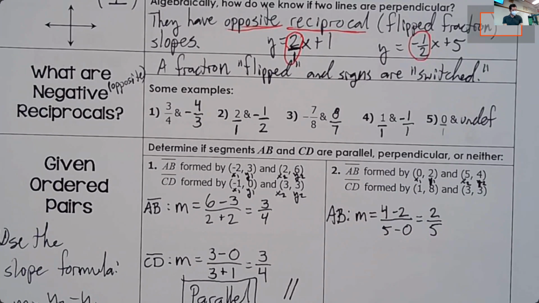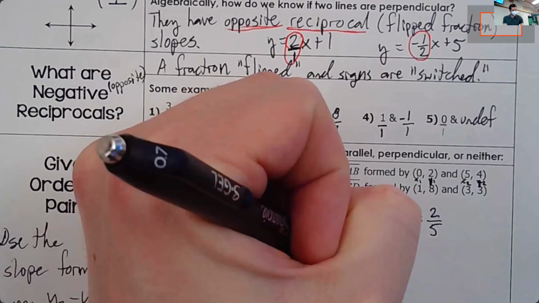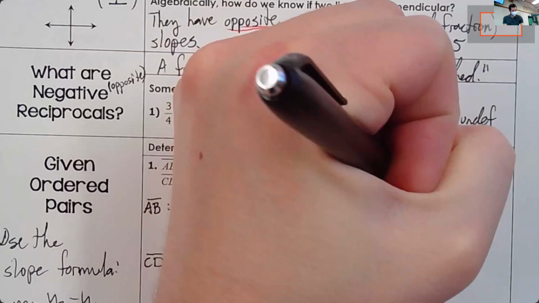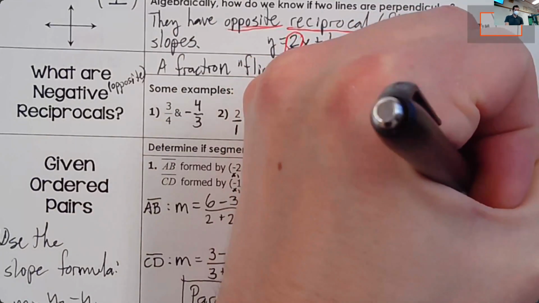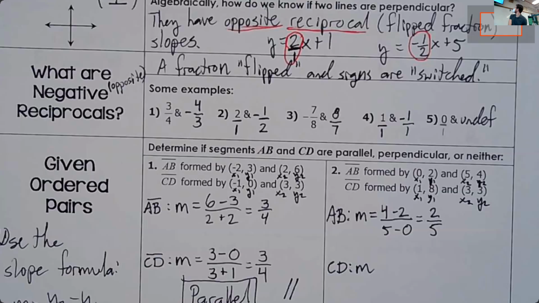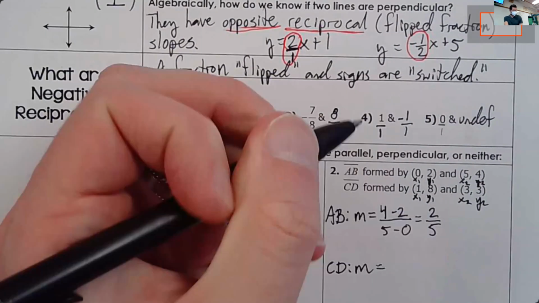And then for CD, we've got x1, and y1, and x2, and y2. For the numerator, it's going to be y2 minus y1. So that's going to be 3 minus 8.